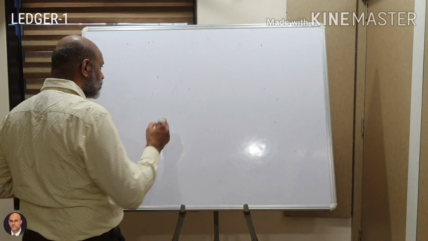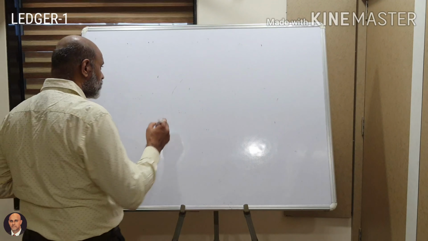Then you have got a very small column which is known as JF. JF means journal folio. So you draw one here also. This column is known as JF, journal folio. Folio means page number.